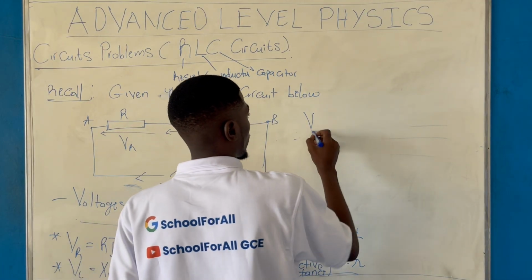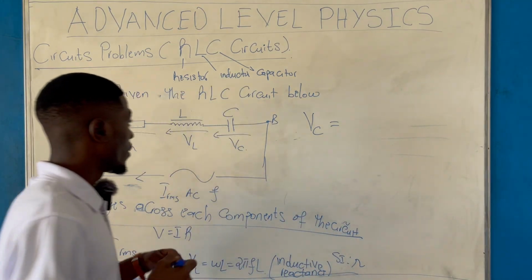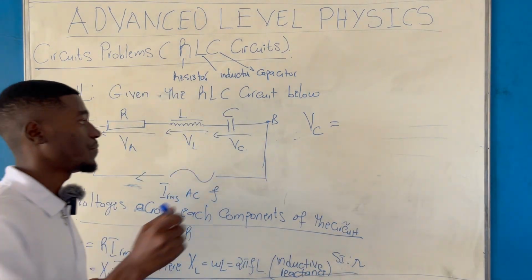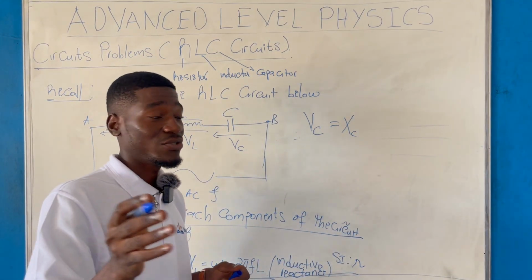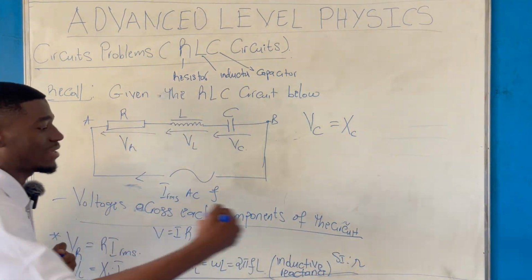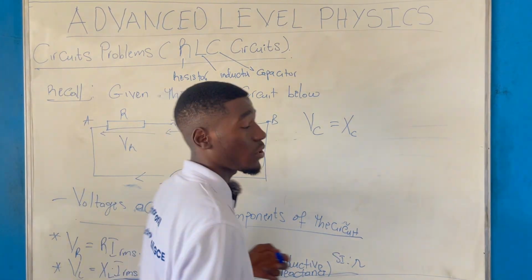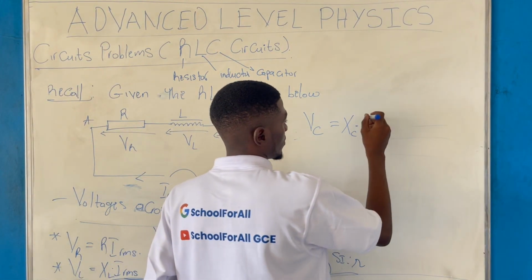So the voltage across the capacitor C is simply equal to XC times I RMS. So I think you can imagine already, if this one is XL, called inductive reactance, this should be called capacitive reactance.